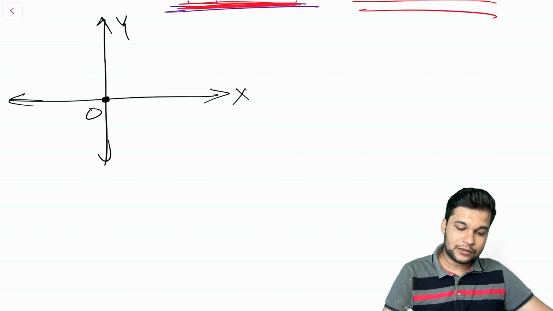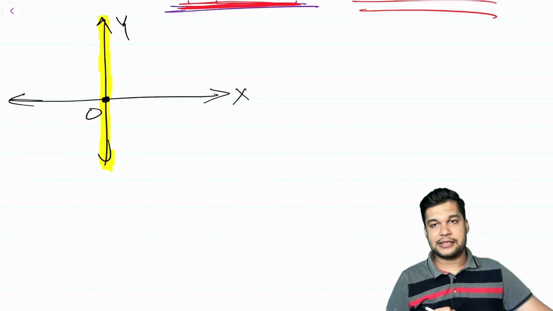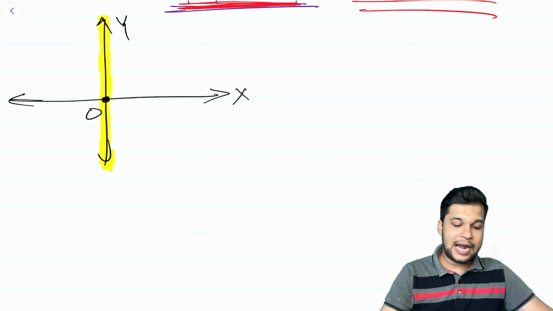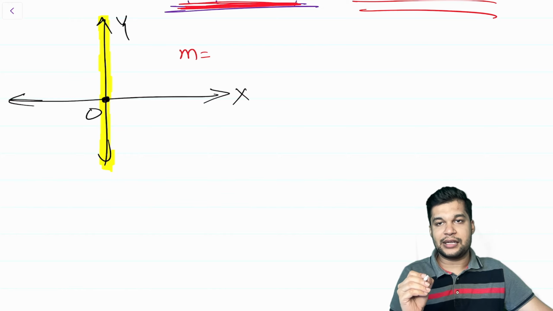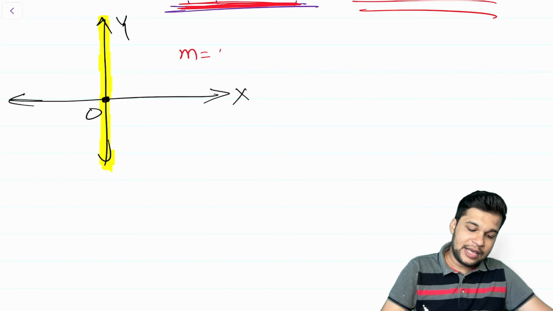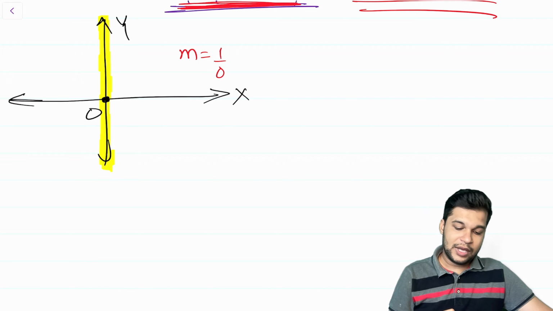Now this is the axis we are talking about, the y-axis. You should know that the slope of any vertical line is 1 divided by 0. It's undefined.